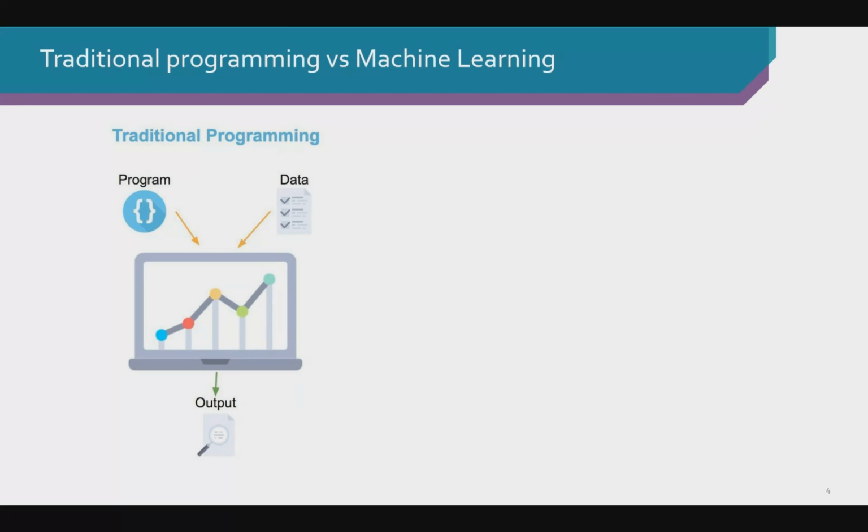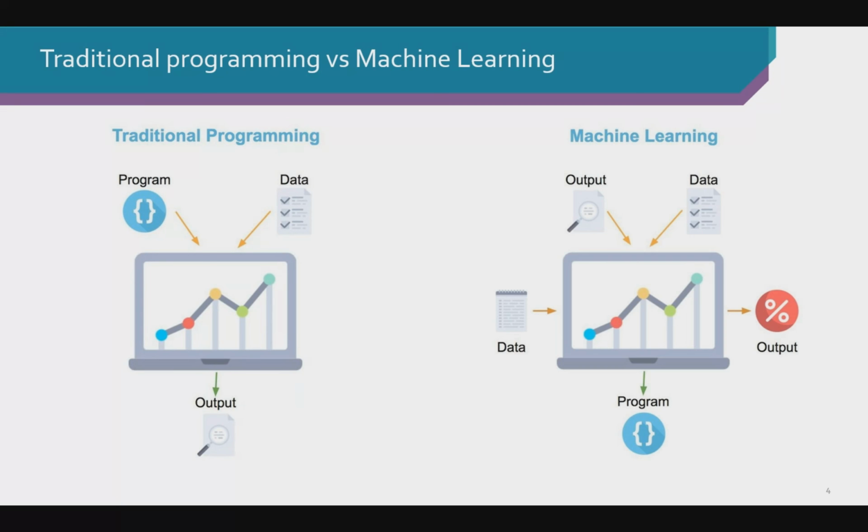Whereas in machine learning, you do it in reverse. You have your input, all the images of apples, and you tell your program, if you see this picture, then the probability of this being an apple is 100% or 90%.